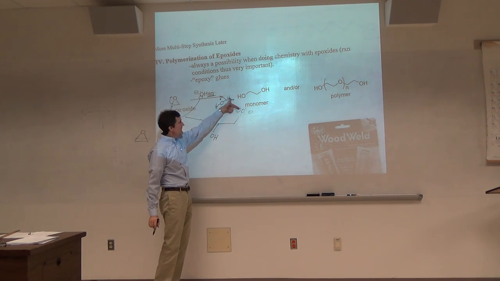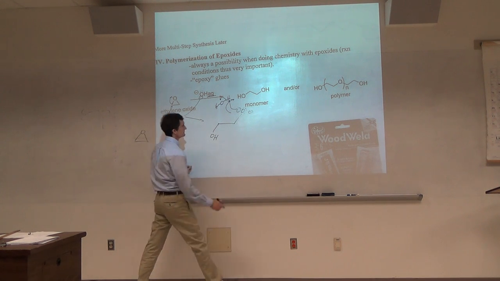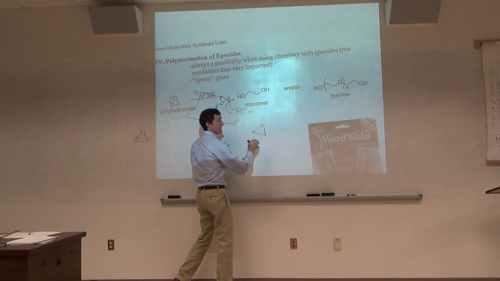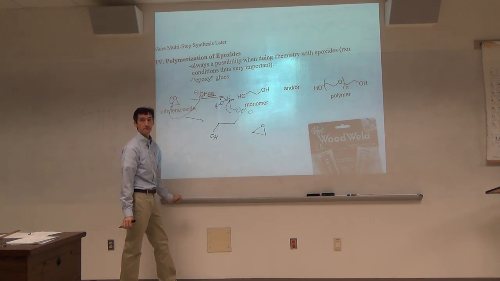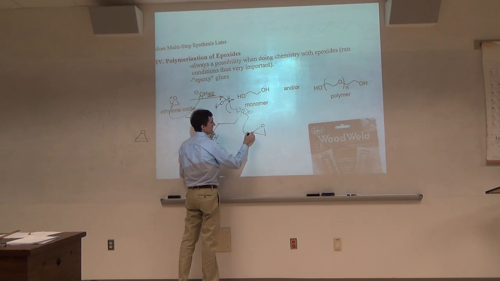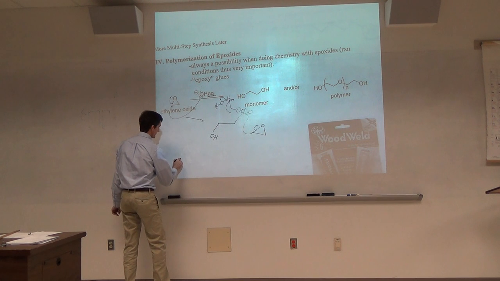Well, some of this O- takes a proton, but what else could it do? It could attack another epoxide. And if it did that, these electrons add here, open that up. What does that give?